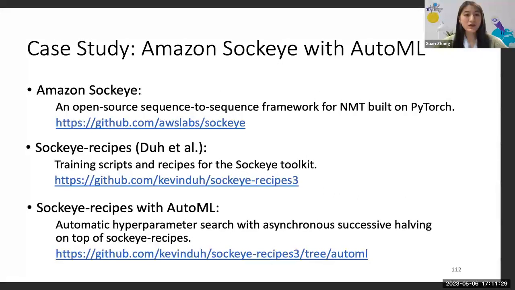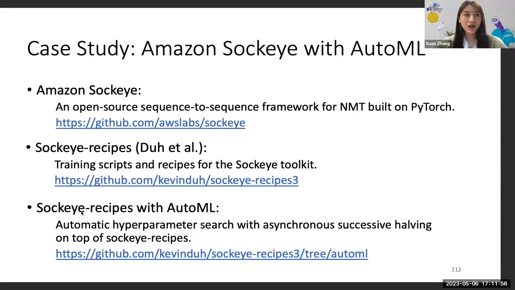Now let's dive into a case study where we create an HPO wrapper for Amazon Sakai. Amazon Sakai is an open source sequence-to-sequence framework for neural machine translation built on PyTorch. Kevin developed the Sakai recipes, which consist of training scripts and recipes specifically designed for the Sakai toolkit.